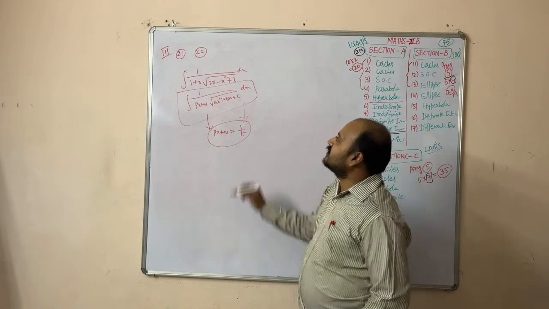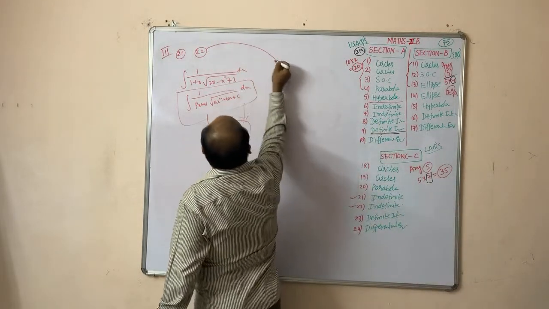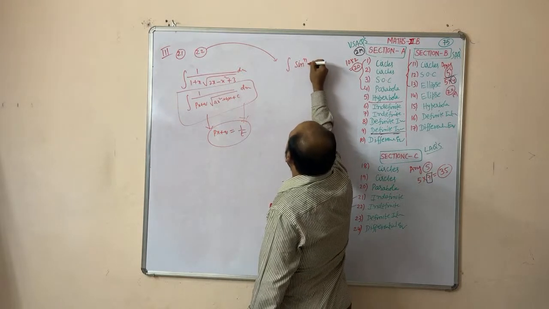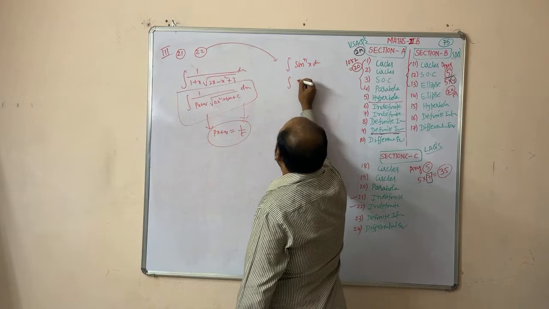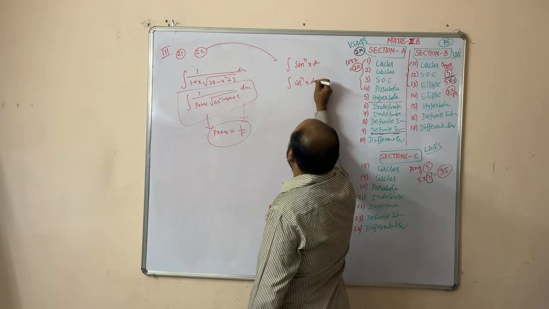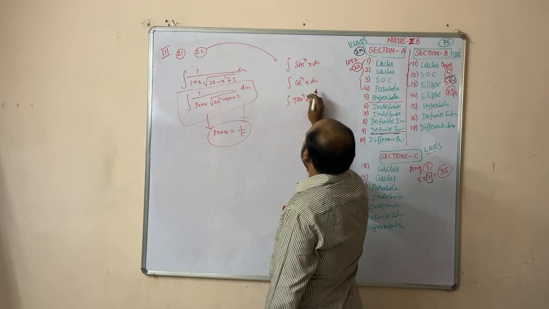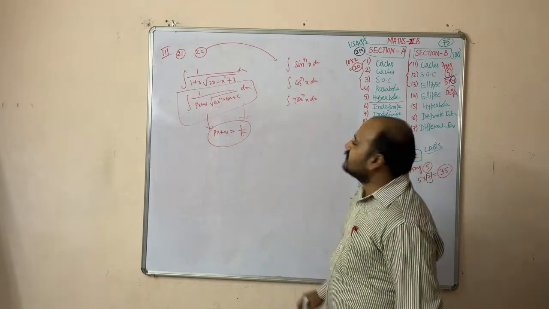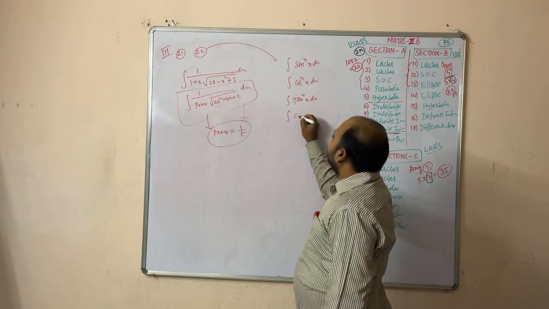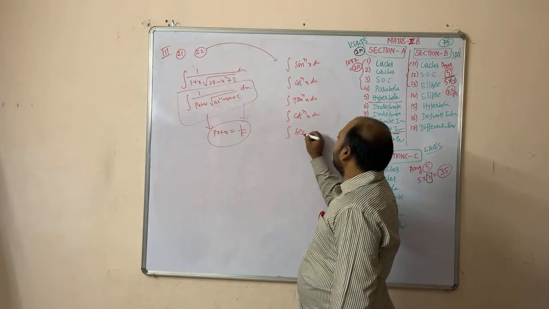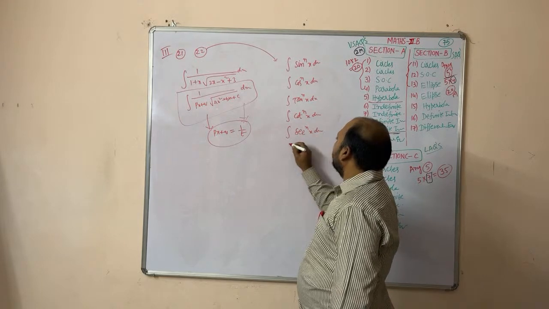After completing this one, question number 22, most of the possibilities are reduction formulas: integral sin power nx dx, integral cos power nx dx. First preference you can give to these, the remaining are other possibilities: cot power nx, secant power nx, cosecant power nx.